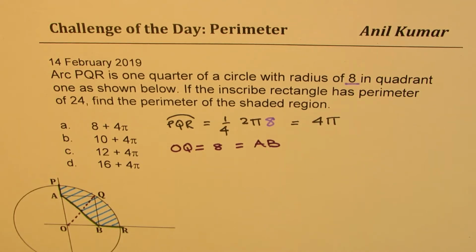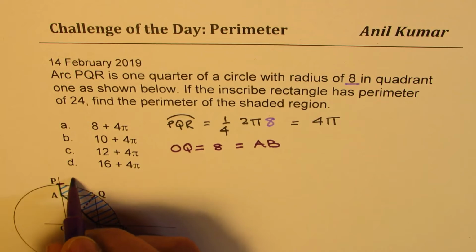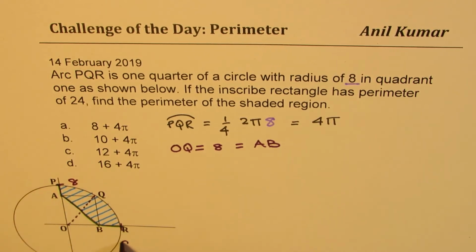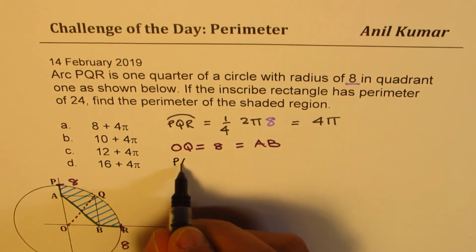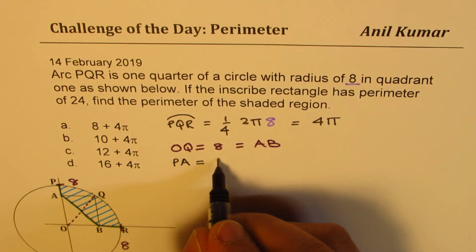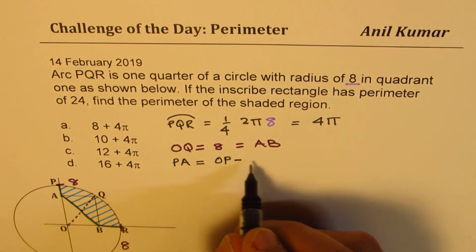So that should help you to find the solution, right? The idea is this point is also at 8, this point is also at 8, correct? That should help you to find what PA and BR is. So we can write here that PA is equal to OP minus OA.